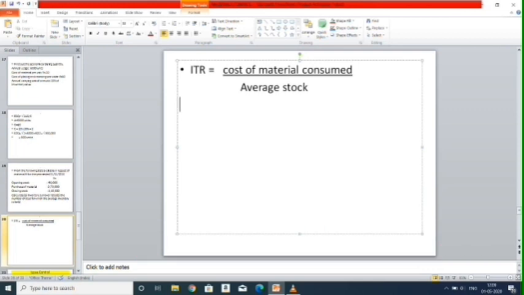Here, cost of material consumed is equal to opening stock of material plus purchase of material minus closing stock of material.